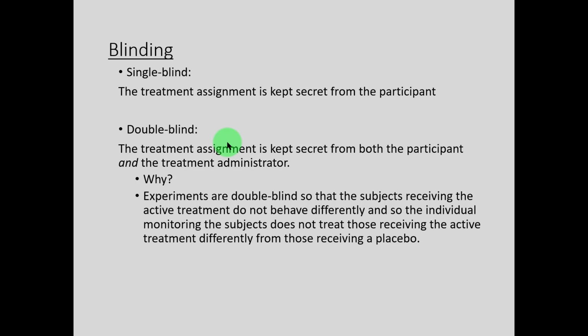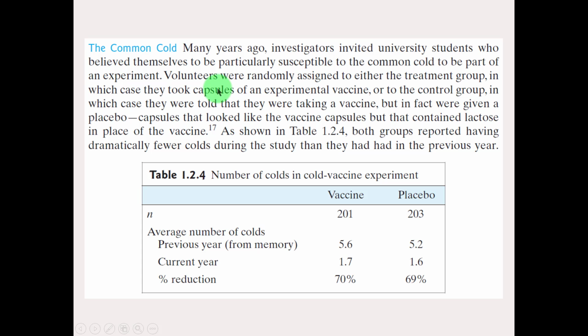Let's look at a little example that outlines briefly the details of an experiment in which volunteers were randomly assigned to a treatment group or a control group that took a vaccine or a placebo for the common cold. And these were self-reported and compared to the number of colds they had in the current year compared to a previous year. The group that was exposed to the vaccine had a 70% reduction on average.